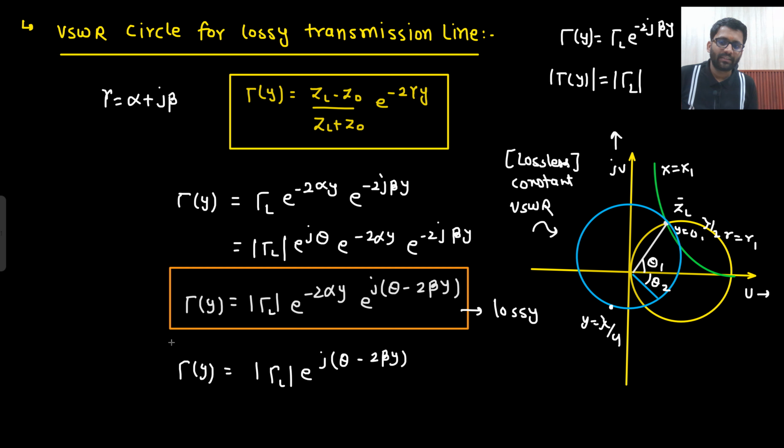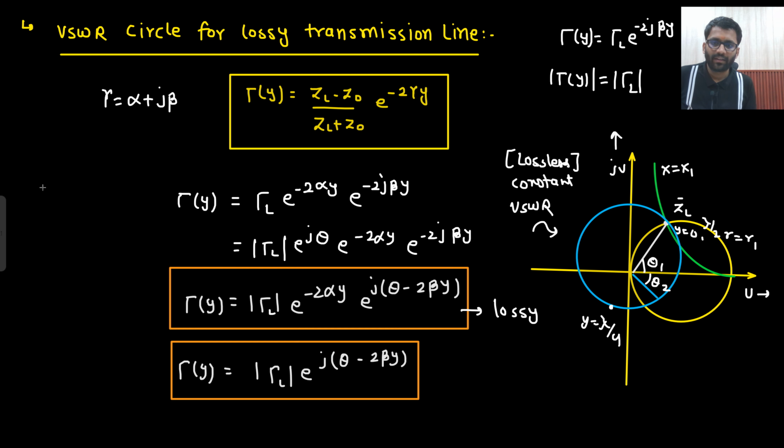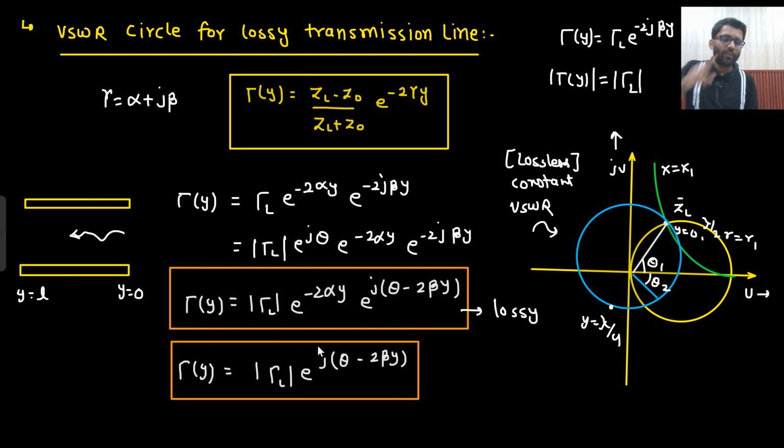So now on this transmission line, if you move from load to source, this is your y equals 0, this is your y equals L. If you move from load to source, then the angle will be changing as it is, the way it was changing previously.